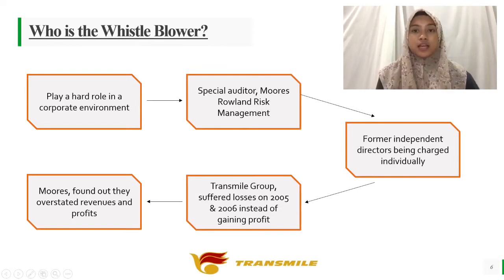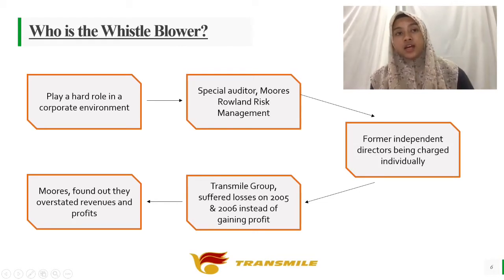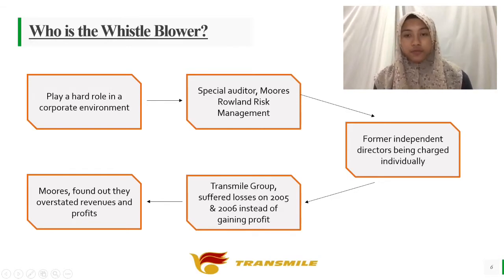In this Transmile Group case, I can say that the whistleblower is their special auditor, Moore Stephens Risk Management. They found that the company had materially overstated its profits and revenues, not only in 2006 in the unaudited annual accounts, but since 2004 in the audited annual accounts.